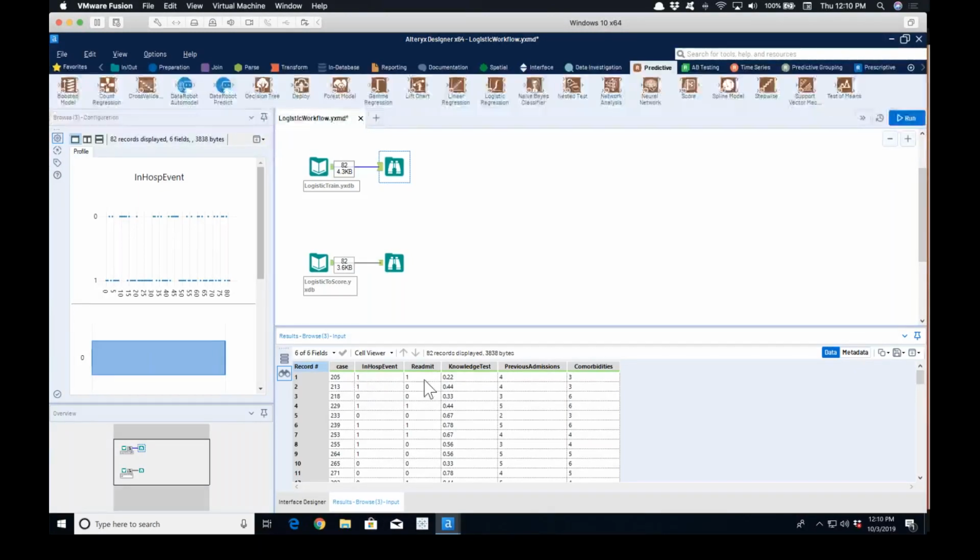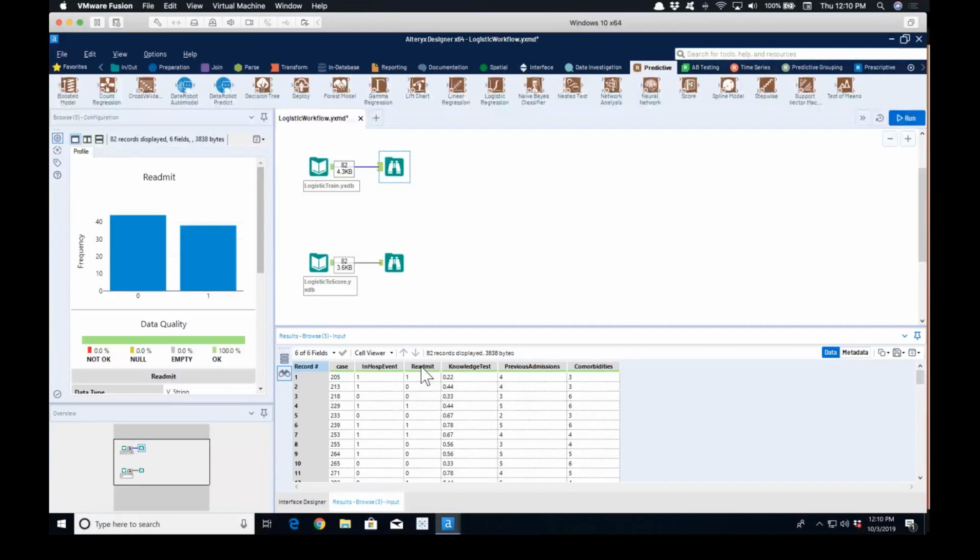And then the second one is whether or not they were readmitted after they visited this hospital. The reason we're using this data set is that readmittance into hospitals is kind of a hot button right now, so we thought we'd simulate some data around this.